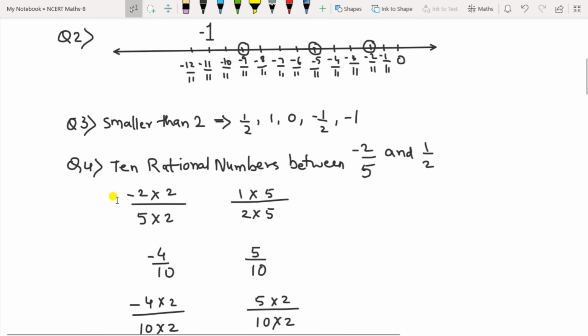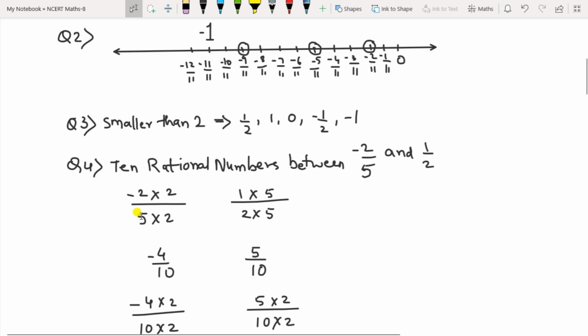Then question 4 is 10 rational numbers between minus 2 by 5 and 1 by 2. As I have shown you in my introduction video how to find rational numbers between two rational numbers, you can go and see that video.